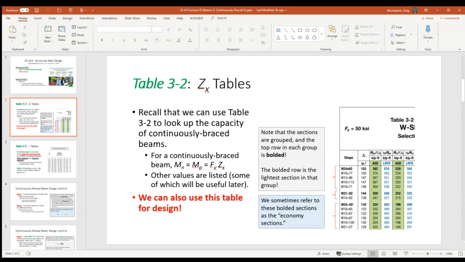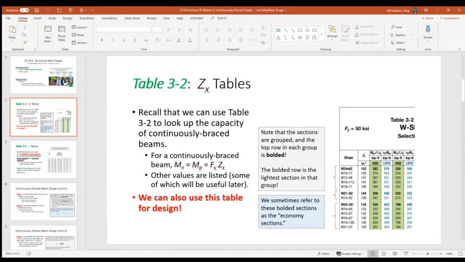In Table 3-2, you could pick out all of the shapes that are bolded. We have a special name for those shapes: we call them the economy sections in steel design. Those are very commonly used as beams because they are the most efficient beams based on their Zx values. So just an FYI on the terminology.